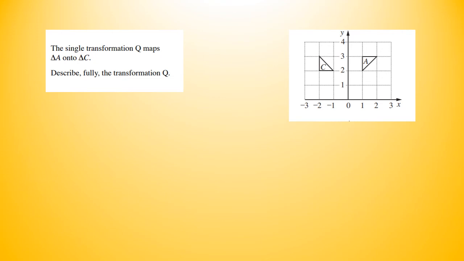So I'm going to pick this as a rotation. When you describe a rotation, you have to find out the center of the rotation, as well as mention how many degrees it has rotated and whether it has rotated clockwise or anti-clockwise.